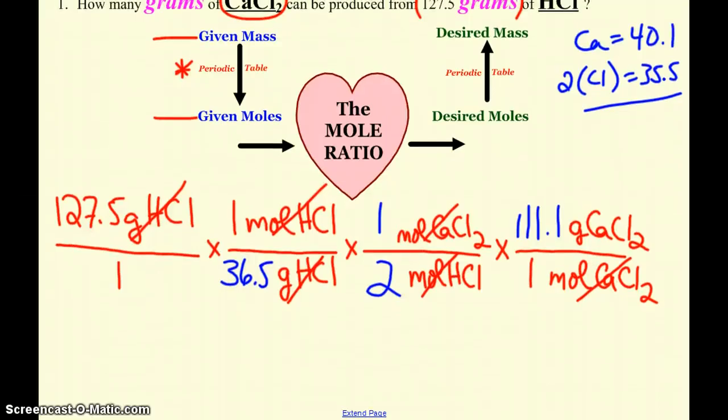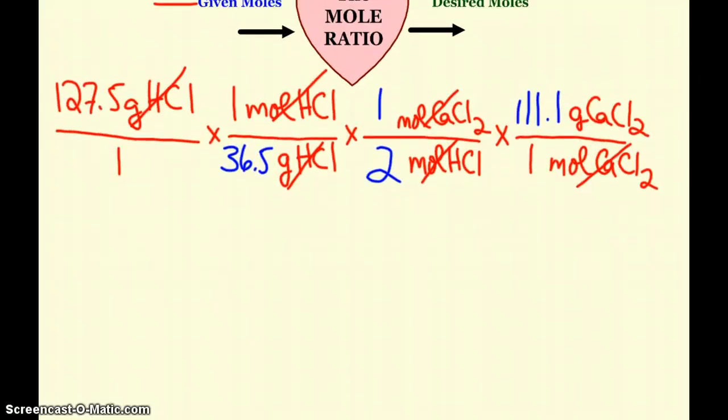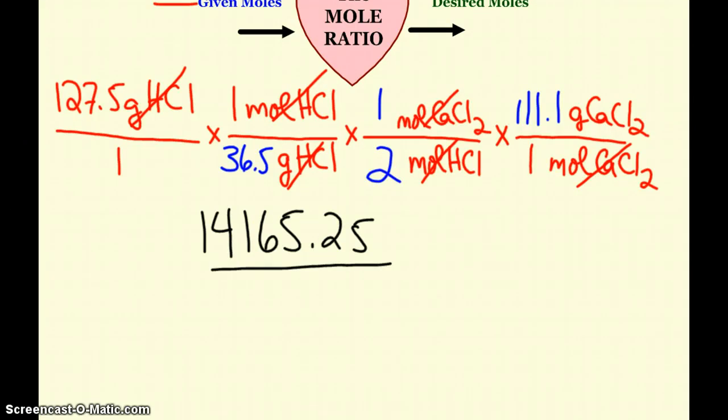And remember, mathematically, I will multiply the numbers across the top. So 127.5 times 1 times 1 times 111.1, and I'll get 14,165.25. On the bottom, 1 times 36.5 times 2 times 1, that's 73.